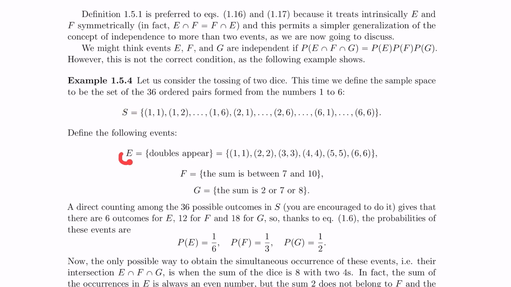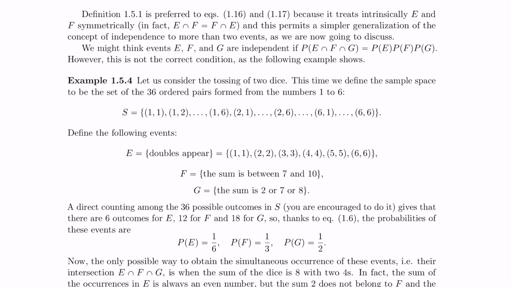Then we consider the following 3 events, E, F, and G, where E is the event that doubles appear, that is this one. F is the event that the sum of the 2 dice is between 7 and 10, and the event G is the fact that the sum of the 2 dice is 2 or 7 or 8.